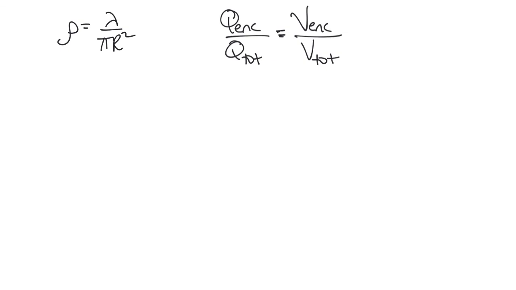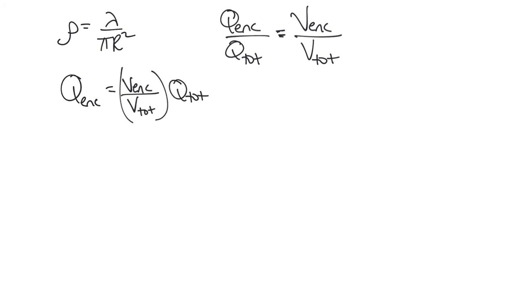Remember, this is only for uniform density. So when we solve for Q enclosed, it's a ratio of the volumes times the total.